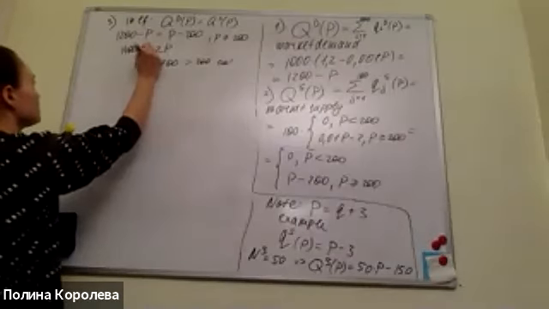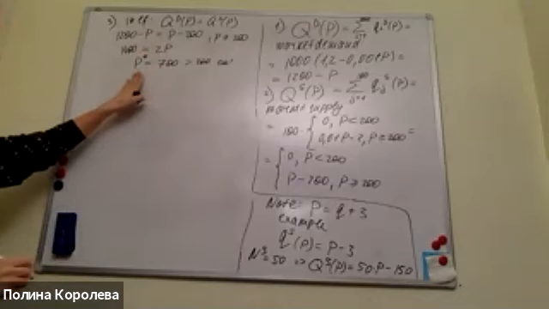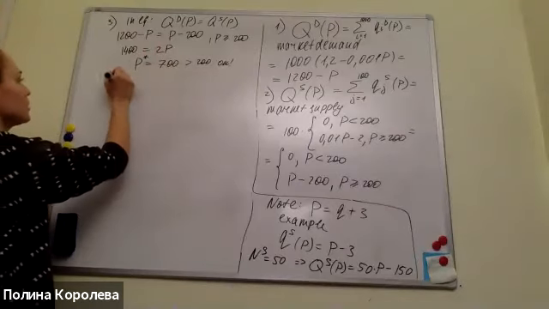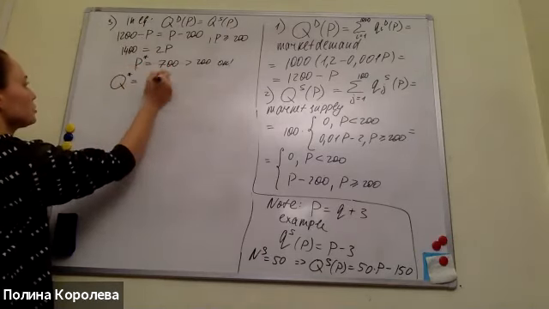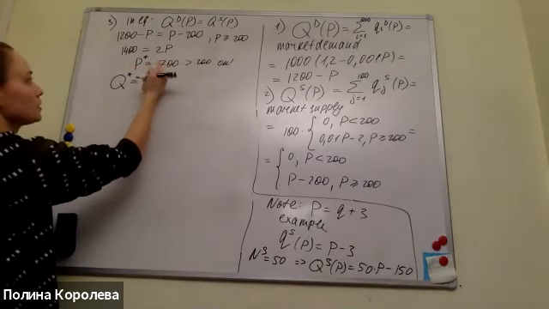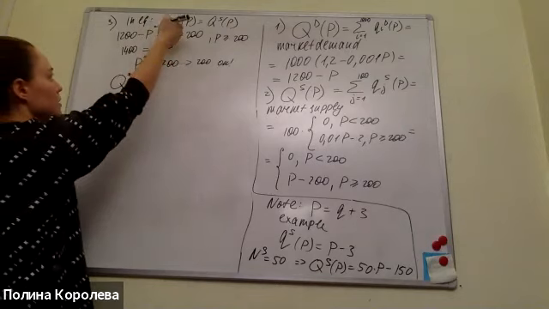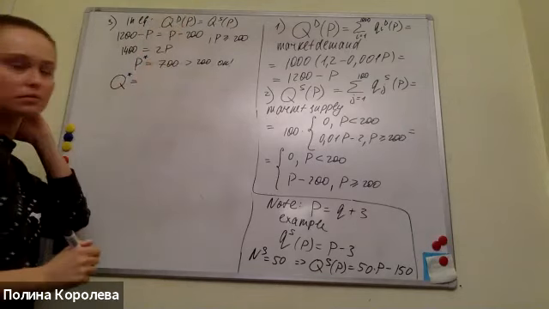So this will be our equilibrium price, P star. How to find the equilibrium market quantity that will be bought and sold? You can put this 700, this price, into the demand function or the supply function.